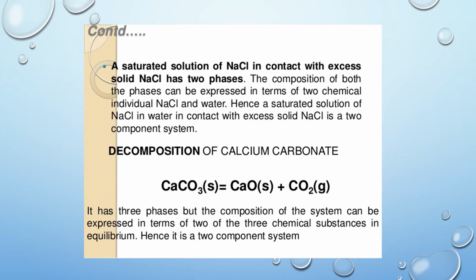Any two out of the three substances can be chosen as the two components. Hence, only two constituents are needed to express the composition of each of the three phases. Hence, it is a two-component system.